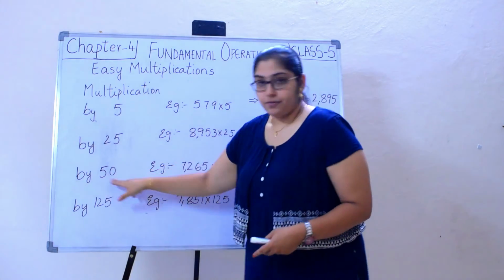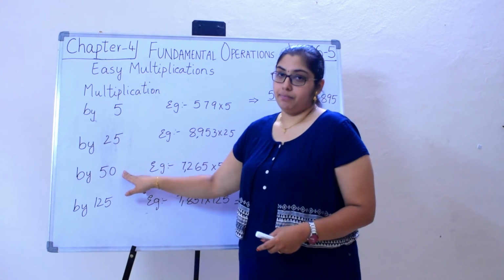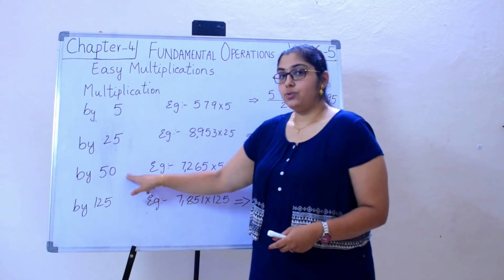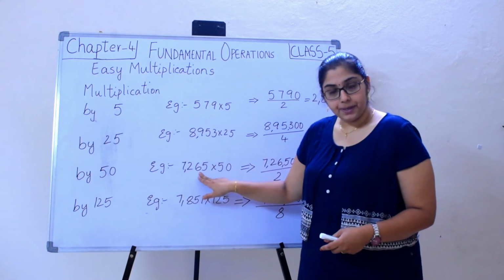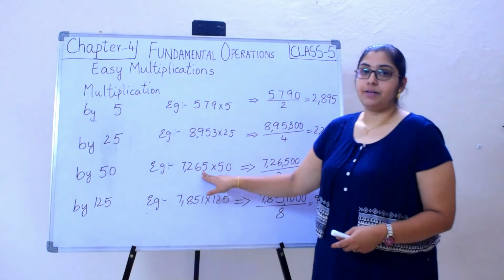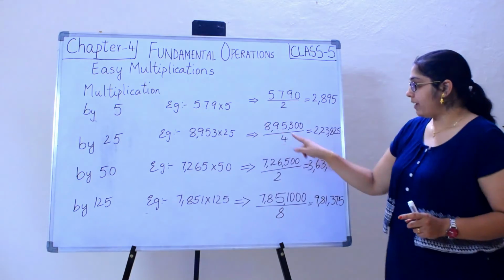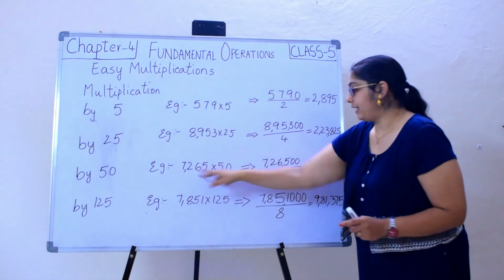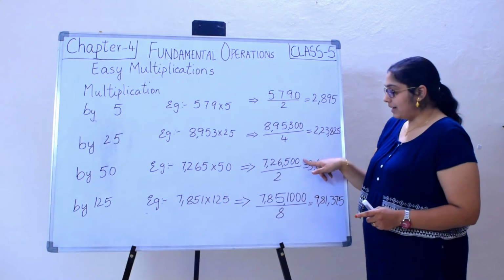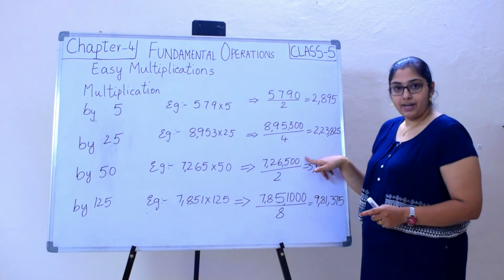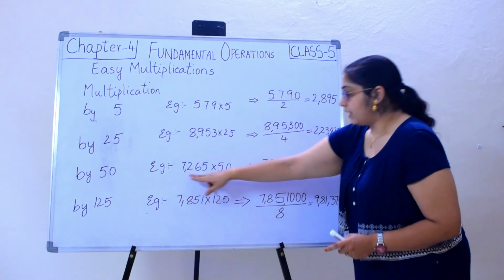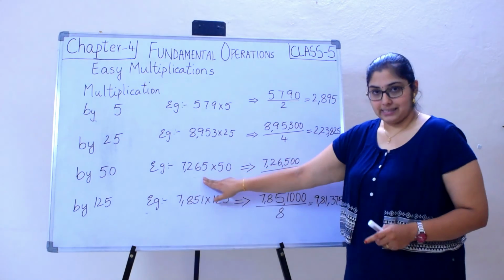Now by 50. When I am multiplying a number with 50, I need to add 2 zeros to the number but divide the number with 2. For 25 it is 4, but for 50 it is 2. But we need to add the same number of zeros for 25 and 50. The number is 7265.